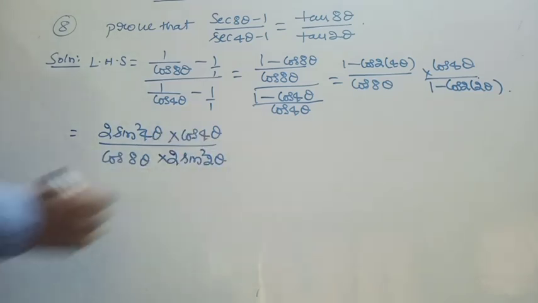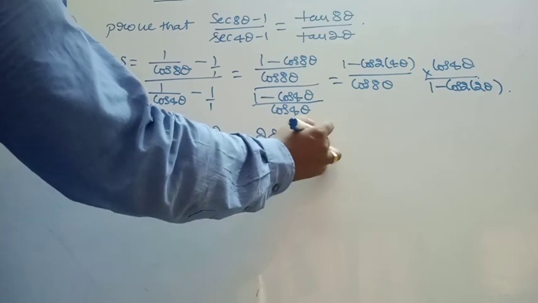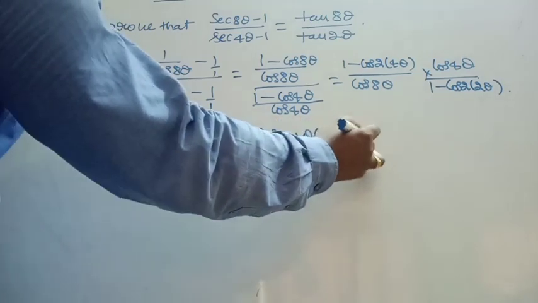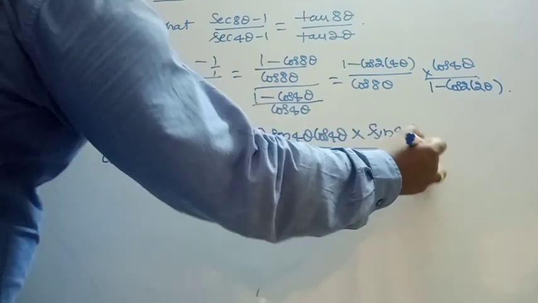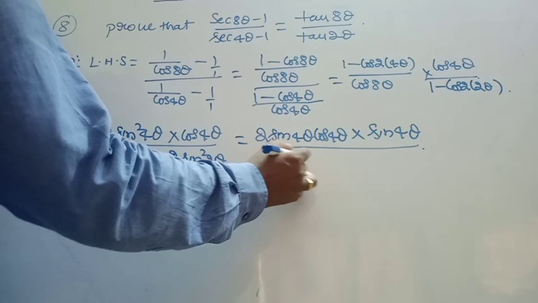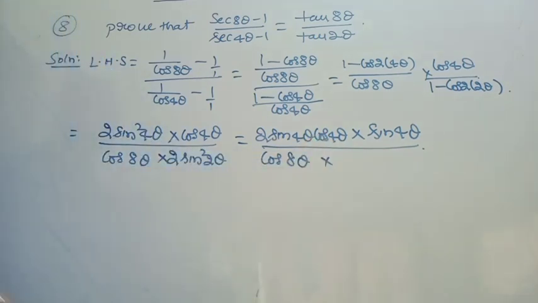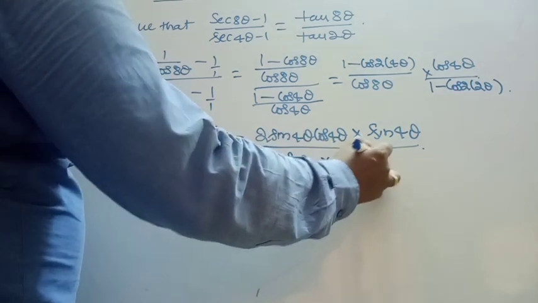This is what we are having here. Now this 2 sin square 4 theta I write as 2 sin 4 theta into cos 4 theta into sin 4 theta. Whole thing divided by cos 8 theta you are having into 2 sin square 2 theta, like this.